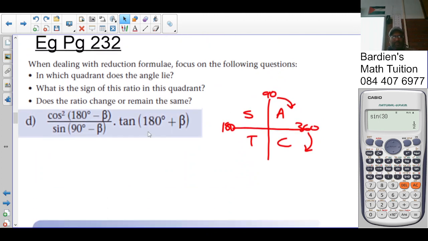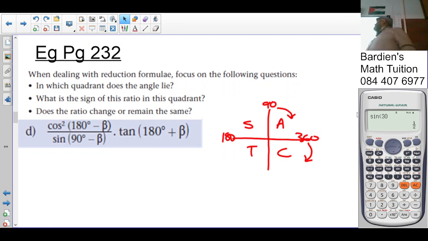So we're on the examples on page 232. Okay, so 180 minus beta is in which quadrant? Second quadrant. Is it positive or negative?